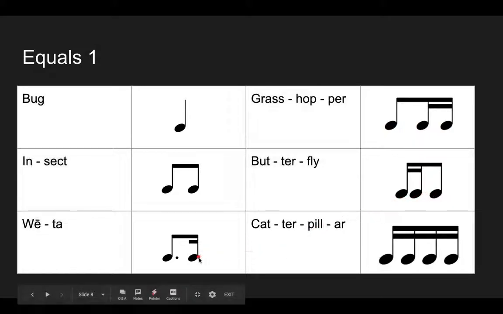We can also do groups of 3, with 3 semiquavers together and 1 quarter by itself, and it's weta, weta, weta, weta, with the correct pronunciation. The strong word is on the weta.